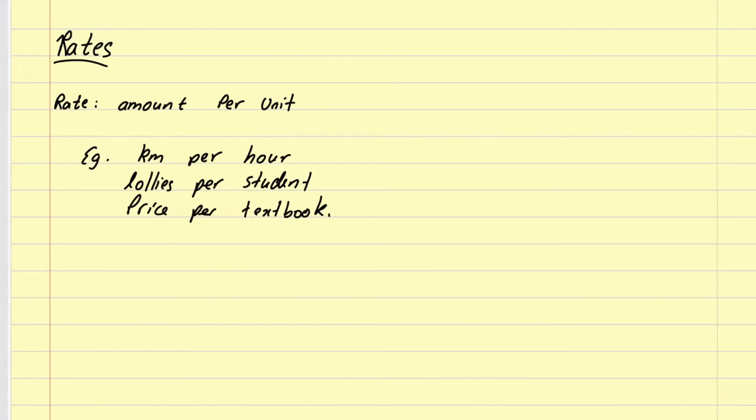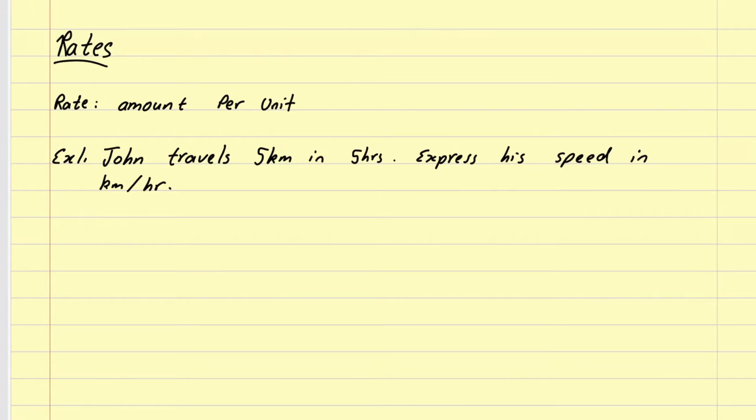Now let's have a look at expressing an expression as a rate per unit. Example number 1, John travels 5 kilometers in 5 hours. Express his speed in kilometers per hour. Now I want you to go back and have a look at this. John travels 5 kilometers in 5 hours. What I want you to think of is, see this part over here, in 5 hours?